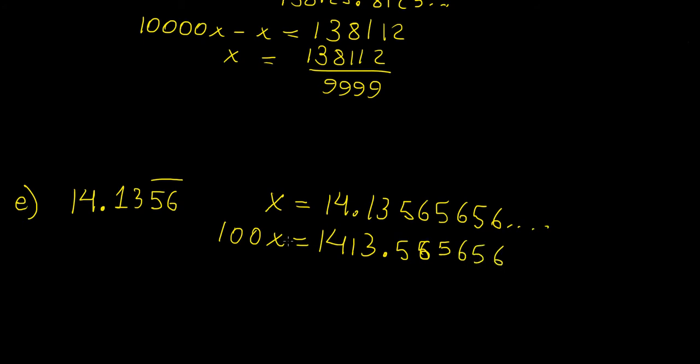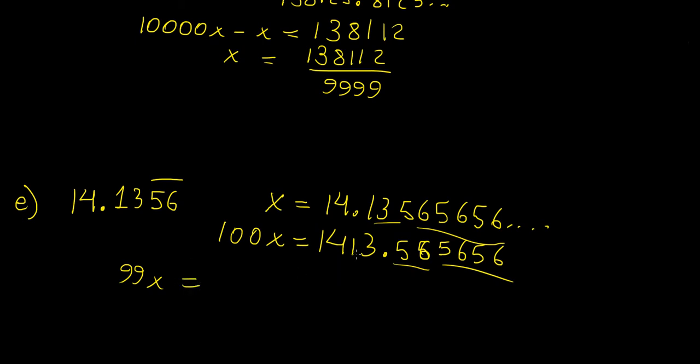And the reason for that is that I want to still get this recurring decimal to cancel out, but I want to keep this number as small as possible so that we can simplify the fraction in the end. So if we start from here, the first thing we notice is that this and that are going to subtract and give us two decimal places, but everything after that, this whole portion here and this whole portion there, are going to cancel out.